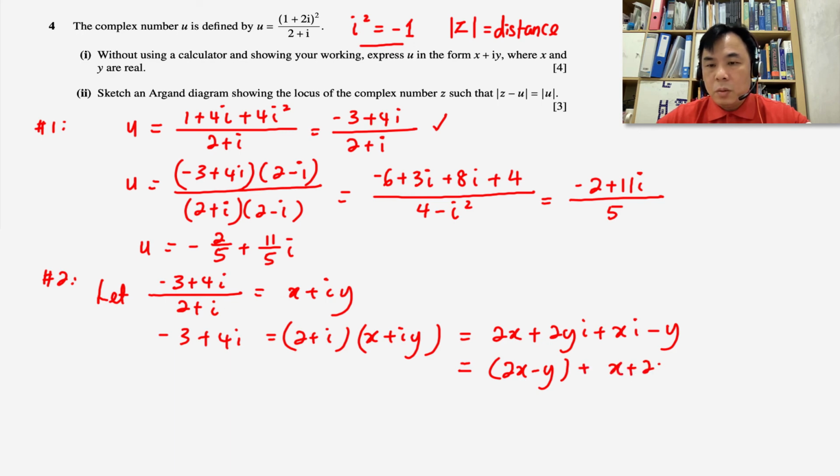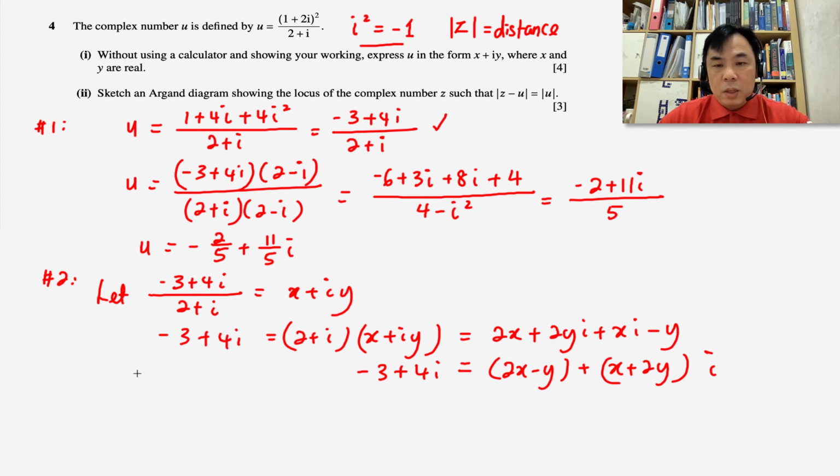We have 2yi here. And then I'm going to write this side by side. By comparing the real component with the real component between the left and the right expression, and then comparing the imaginary component with the imaginary component here, we will be able to obtain a simultaneous equation.